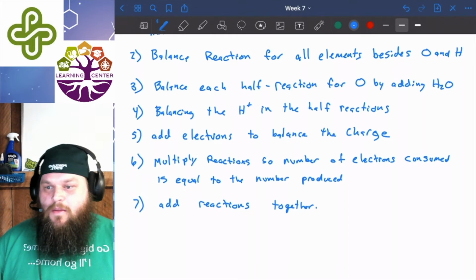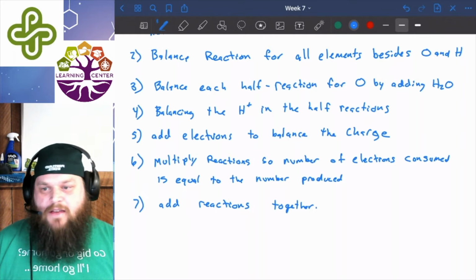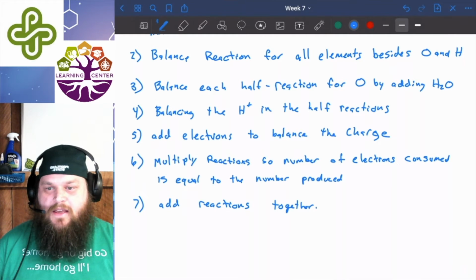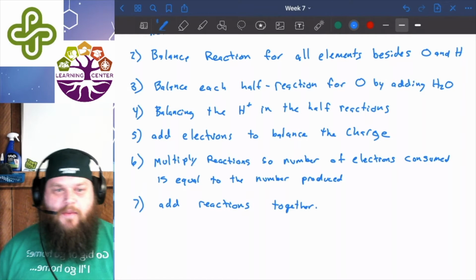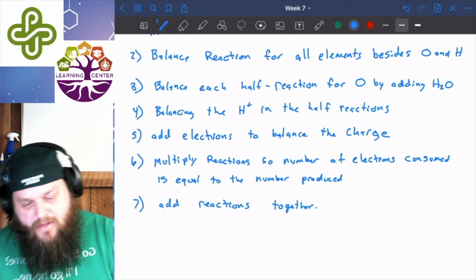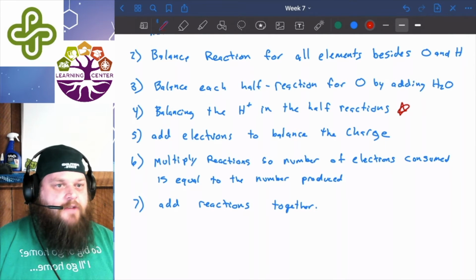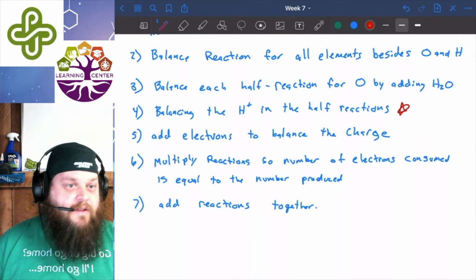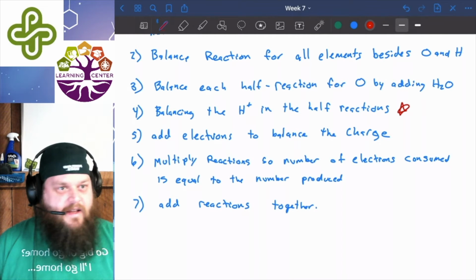At any time, if it's taking place in a basic medium, we can add OH minus ions to neutralize any of the H plus ions that might be added. So in this step here, we added a bunch of H plus ions in there. That's fine if the reaction is happening in an acidic condition.